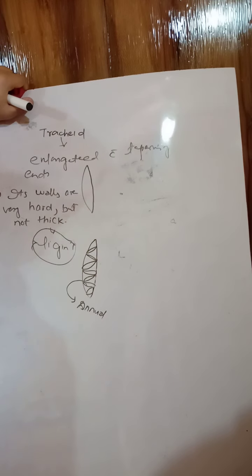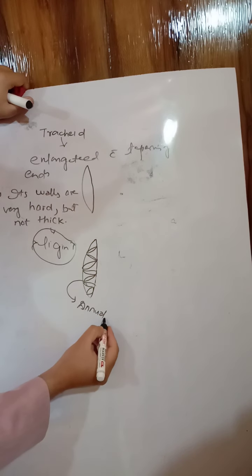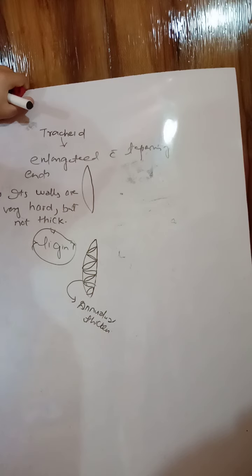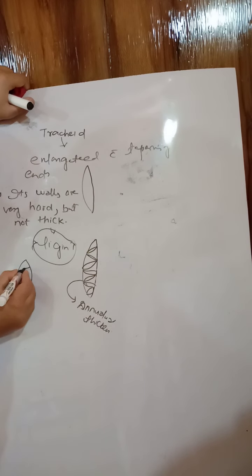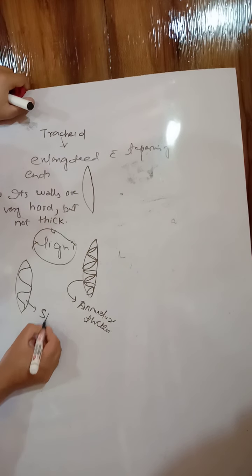That means if the secondary material is deposited in the form of rings, it constitutes annular thickening. If in the form of a helix, it constitutes spiral.